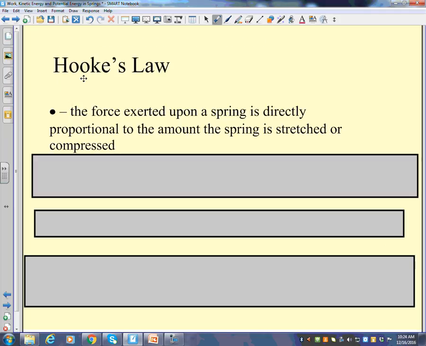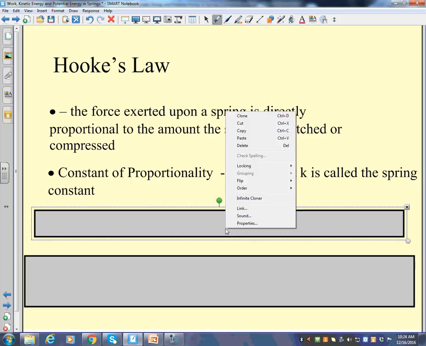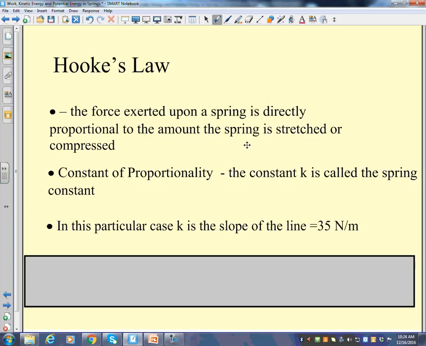So Hooke's law says the force exerted upon a spring is directly proportional to the amount the spring is stretched or compressed, which is what we got from that graph. So what does that all mean? The constant k is called the spring constant. In this particular case of that graph, k is the slope of the line, which was 35 newtons per meter.